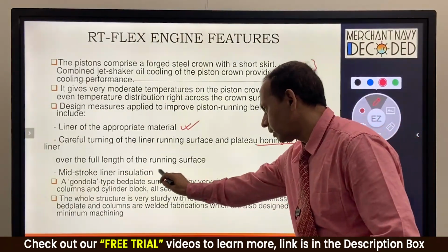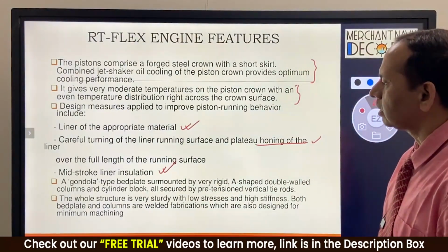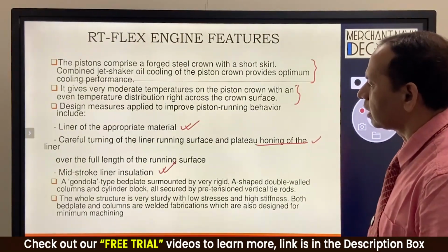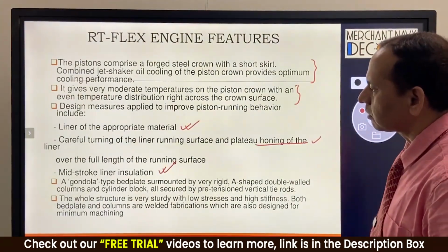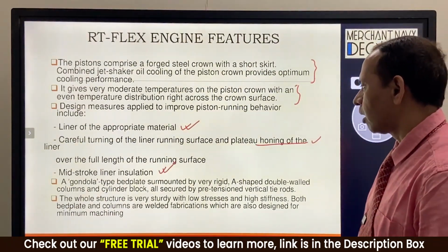The mid-stroke liner insulation is a further improvement in this MNDFLIX engine to ensure that liner cooling also remains within the limit and no surface of the liner is overstressed because of high temperature.